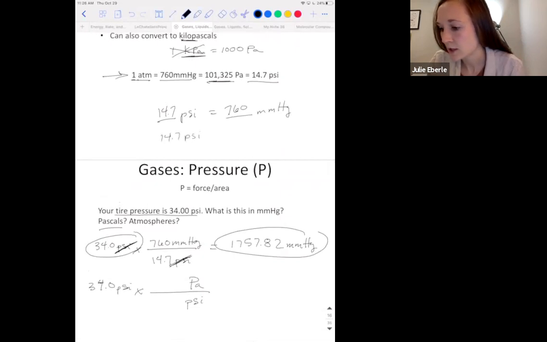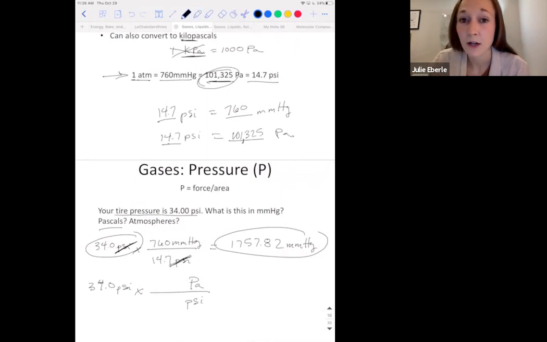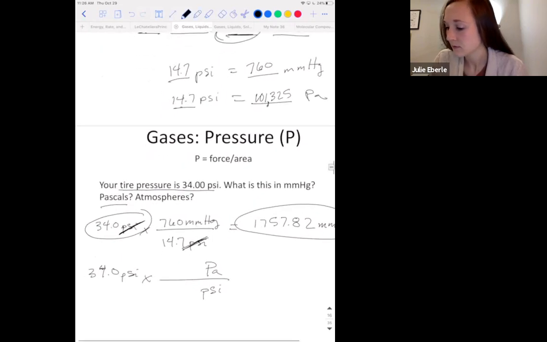That number didn't change. But how many pascals is that? And the number is right there, 101.325. And that's not a decimal, that's a comma. So it's not 101.325, it's 101,325. So we'll plug those numbers in.